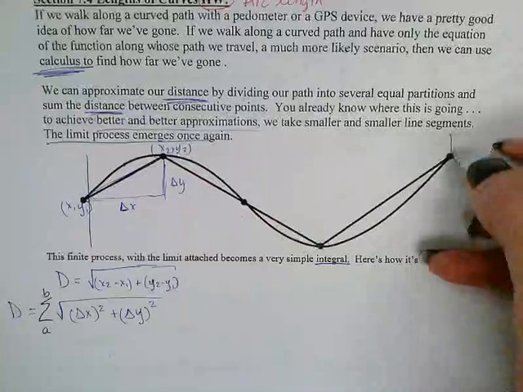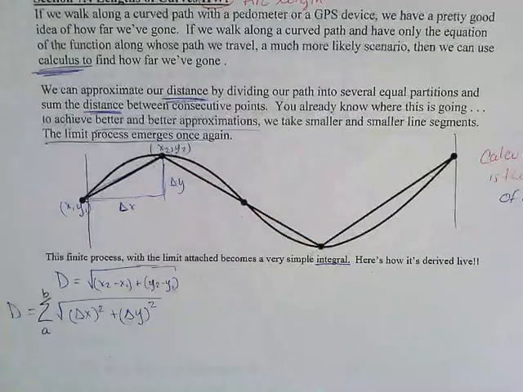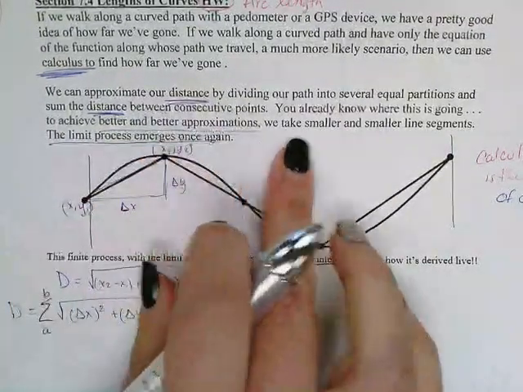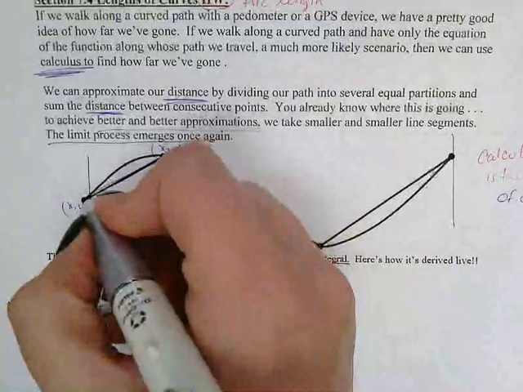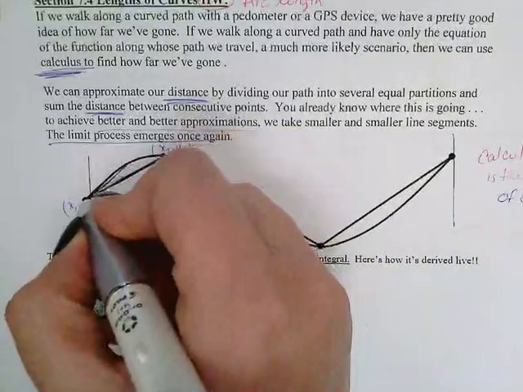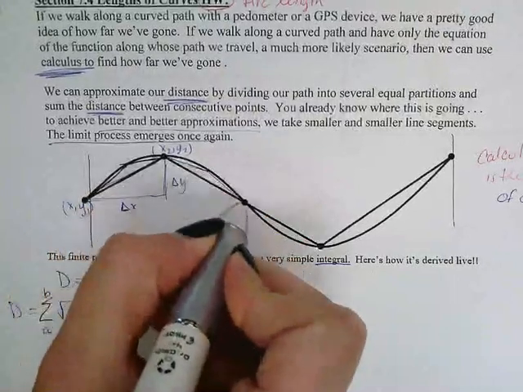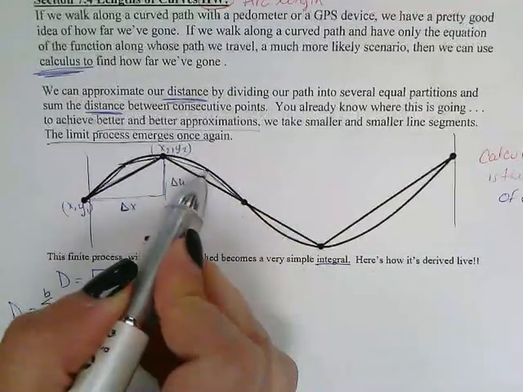So our function is from A to B. So this next part where it says to achieve a better and better approximation, we take smaller and smaller line segments. So think about it like this. You take a line segment from here and here, and of course they have to be equal, so I'm dividing this bigger line segment into smaller pieces.